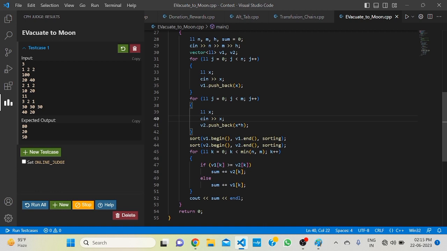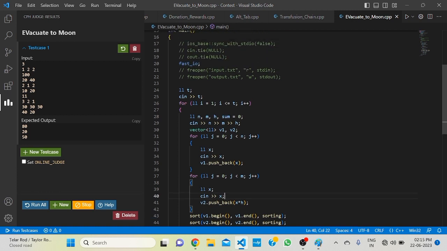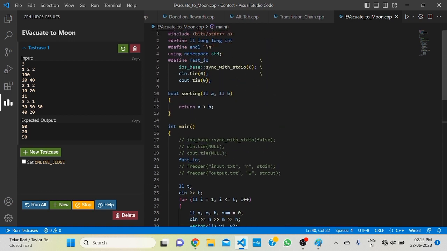Okay, now we will sort both the vectors in decreasing order. So we have sorted. This is the syntax for sorting the vector, and for sorting it in decreasing order, we will make one boolean function, this one.